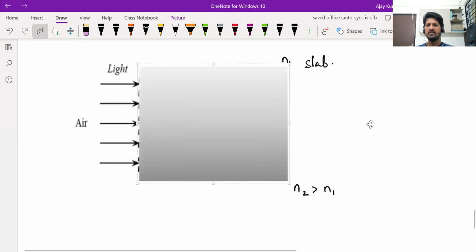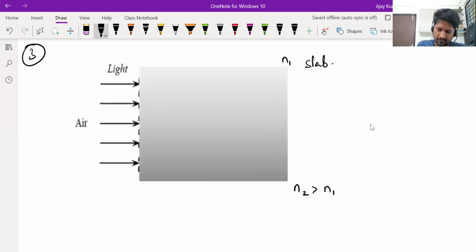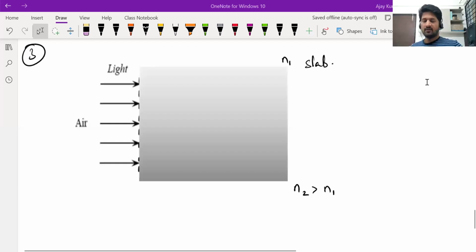Draw the wavefront just after light enters completely into the slab. Any answer? Can one of you describe the shape of the wavefront after it enters into the slab?